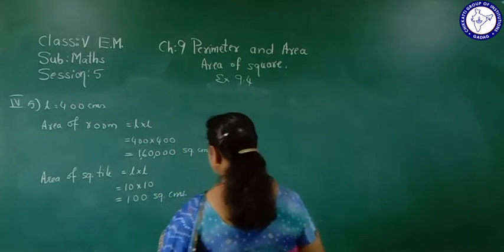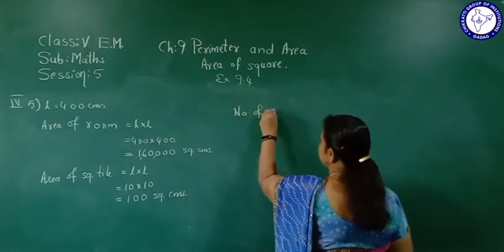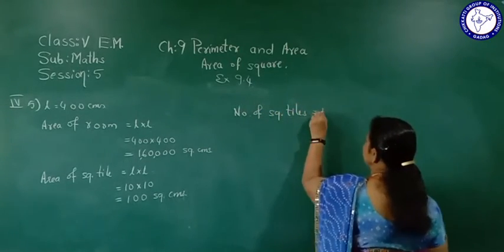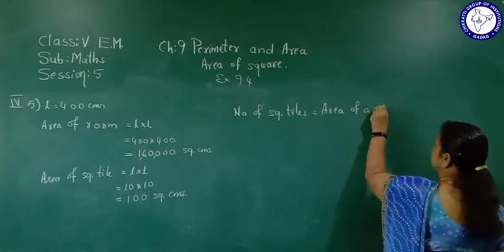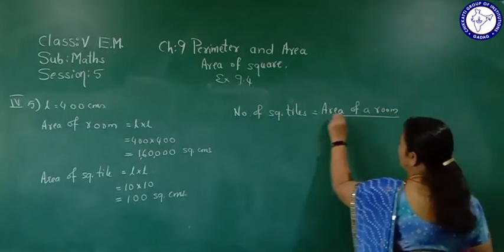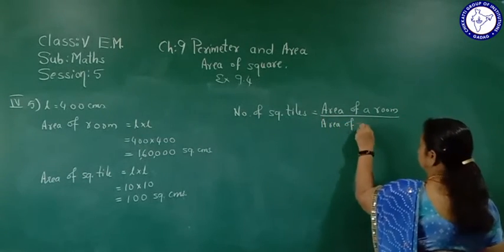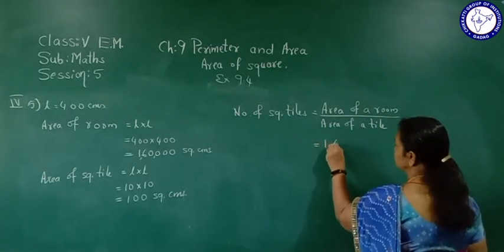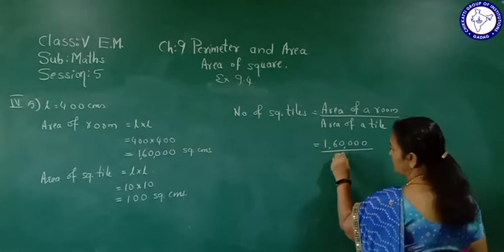Then how many square tiles are required? So here number of square tiles equals to area of a room divided by area of a tile, which is equals to 1,60,000 divided by 100.